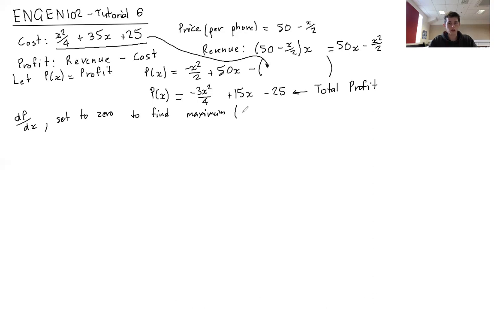Or in this case, maximum and minimum are just points which are called extrema in mathematics. I don't think the question asks for this explicitly, but we're actually going to go through and prove that this is a maximum.